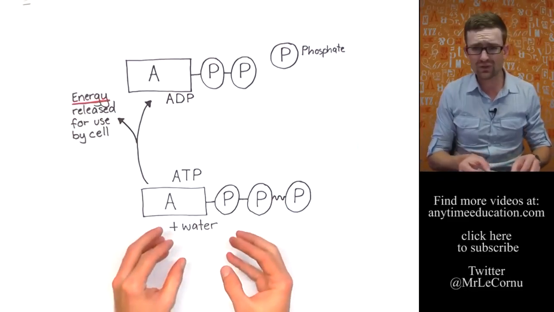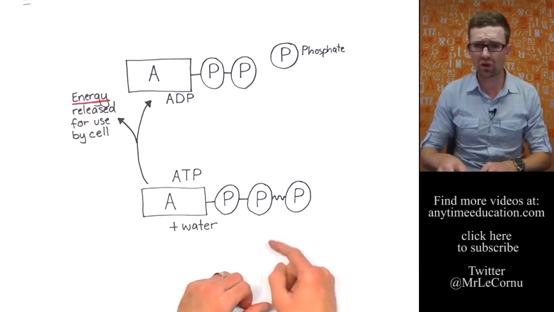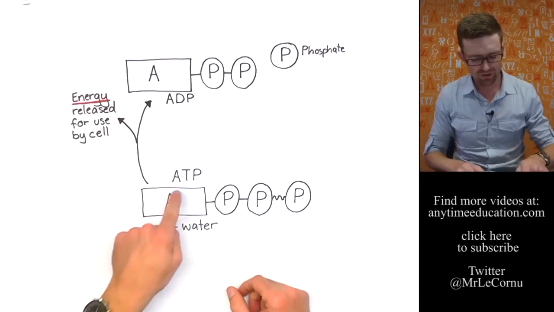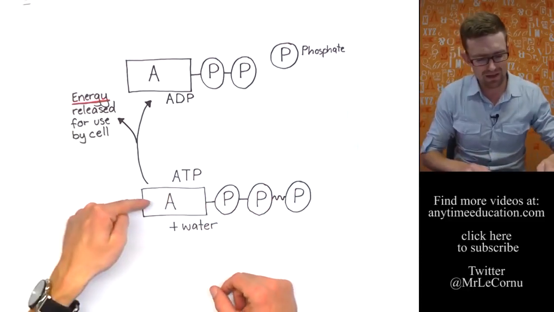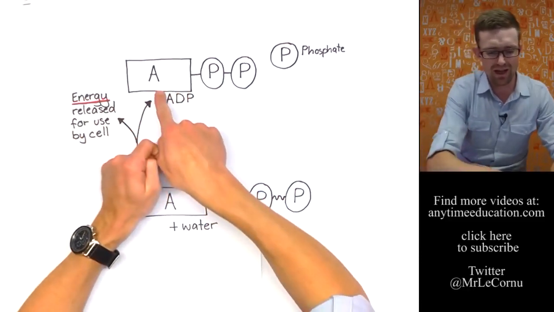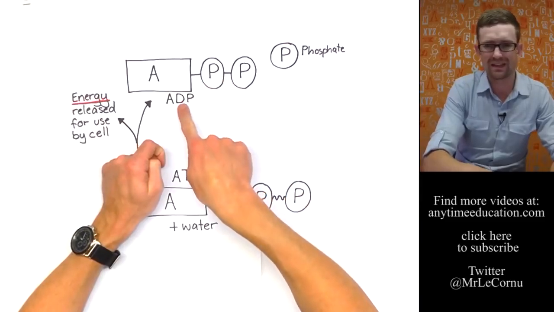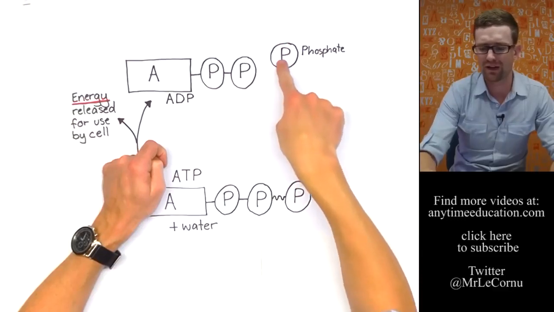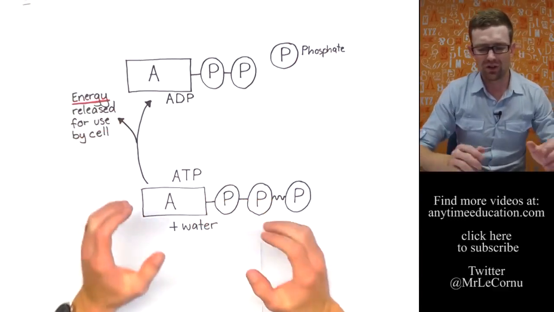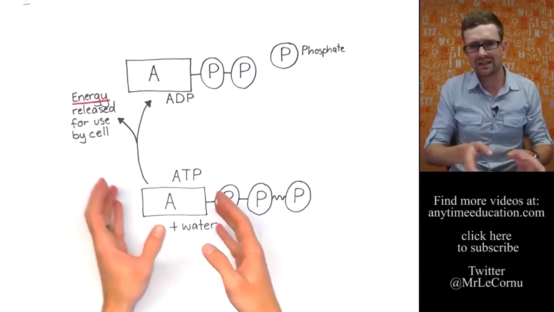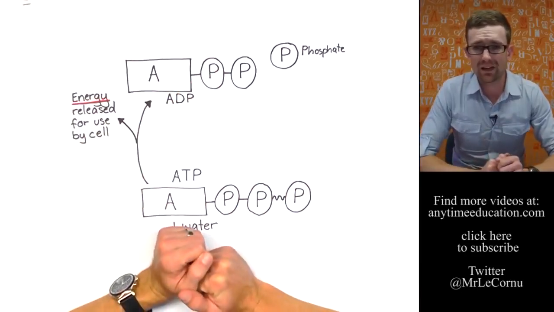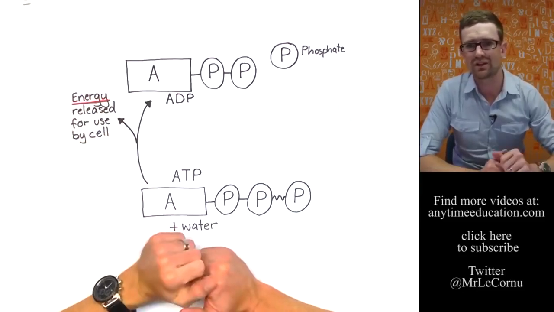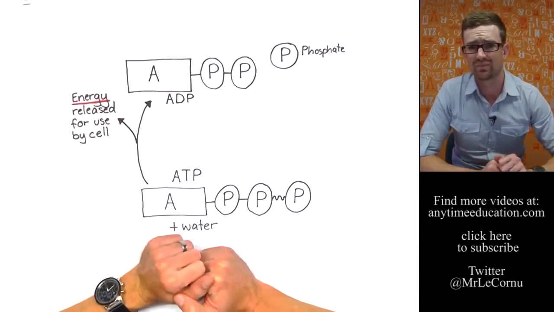Now with the addition of some water, a hydrolysis reaction occurs and this phosphate is broken off. That means that ATP is converted into ADP, D standing for di, which means 2, and a spare phosphate group over here. So that conversion takes place, and when that conversion takes place, energy is released and it's used by the cell for the things that we just looked at.